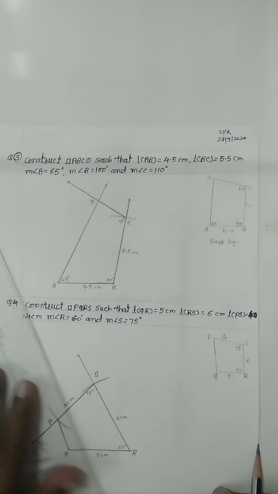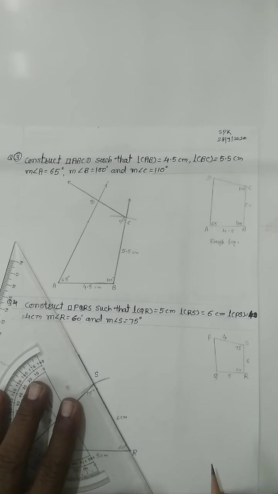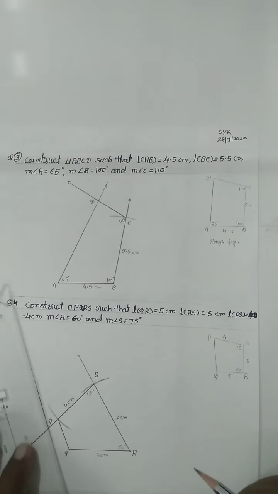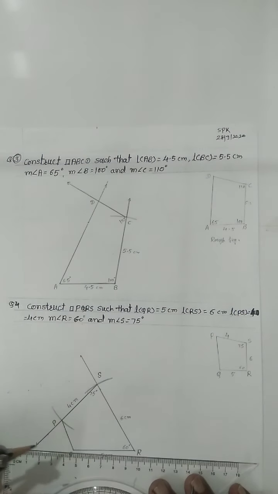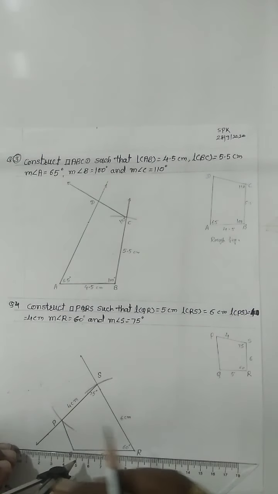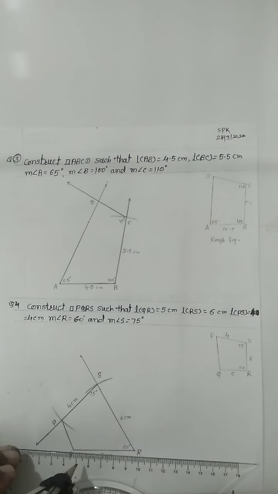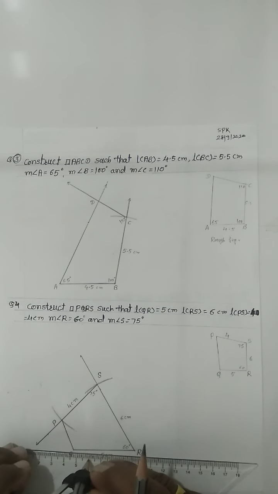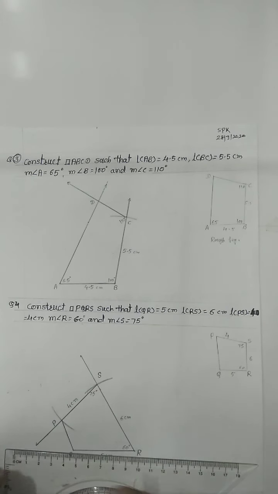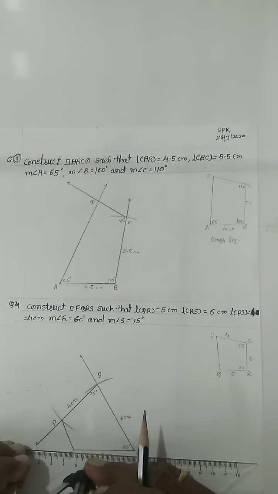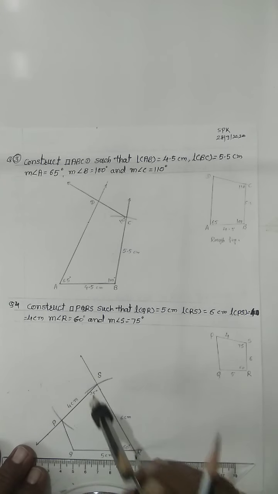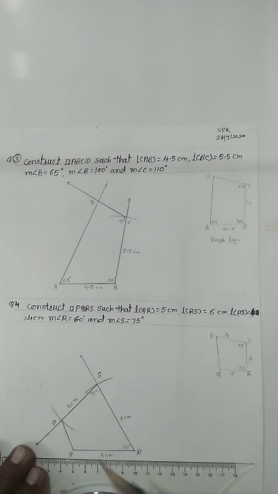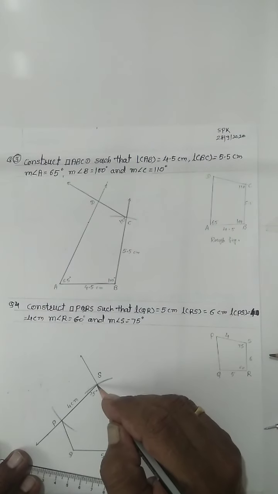Then draw the ray which starts from R. Then take a distance in two terminals of compass 6 centimeter, that is the length of side RS, and draw the arc from this R. We get one point S.